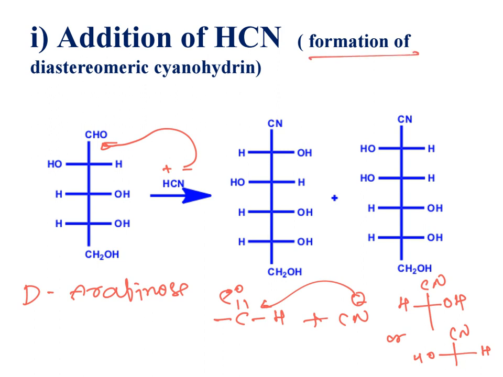That's why diastereomeric cyanohydrins are formed. These two are cyanohydrins, but the relationship between them is diastereomeric. So the first step is addition of hydrogen cyanide to arabinose, which gives a diastereomeric mixture of cyanohydrins. This mixture we take for further reaction.